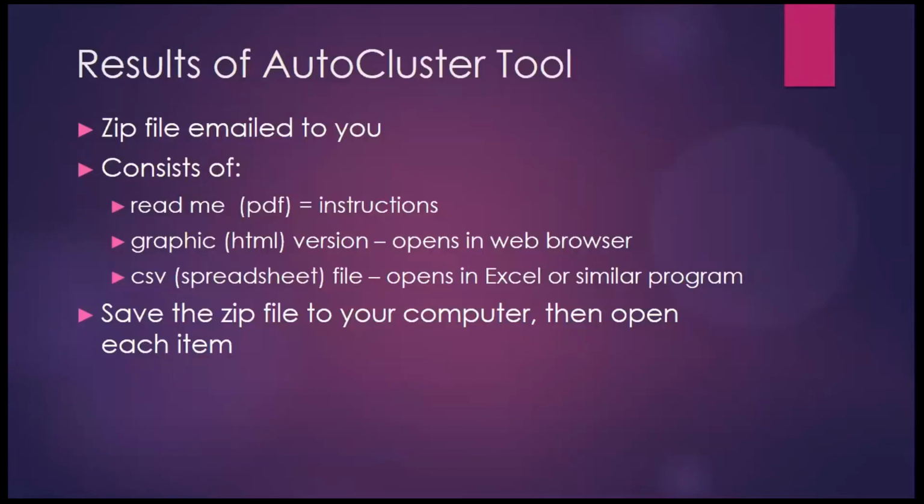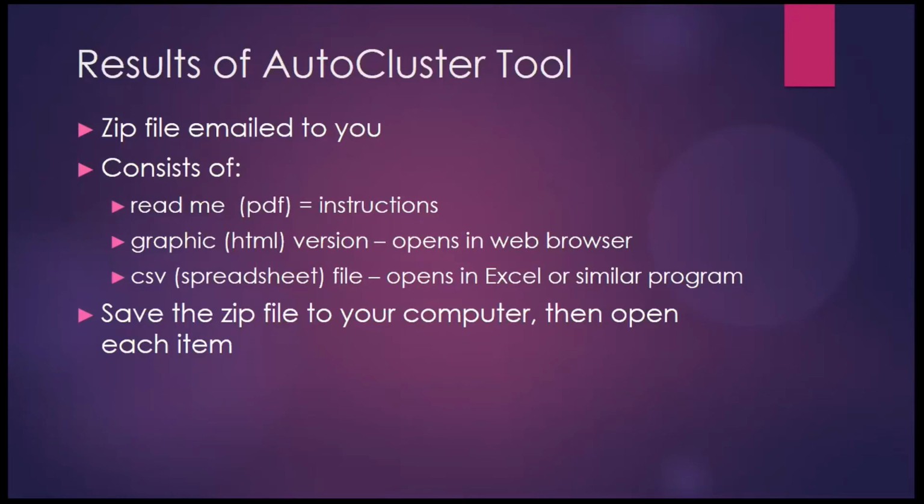About half an hour later or so, you're going to get a file emailed to you. This is going to be the results of your AutoCluster. The MyHeritage file is going to consist of 3 items: a README file, which is basically instructions on how to read the clusters, a graphic HTML file, which opens in a web browser, and a CSV, which is a spreadsheet file that would open in Excel or a similar program.